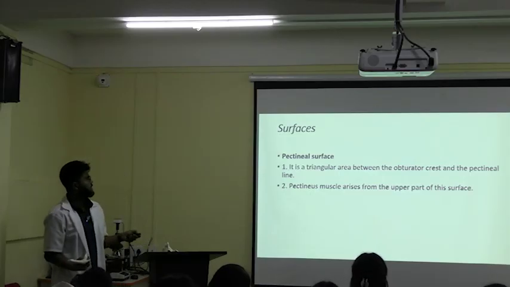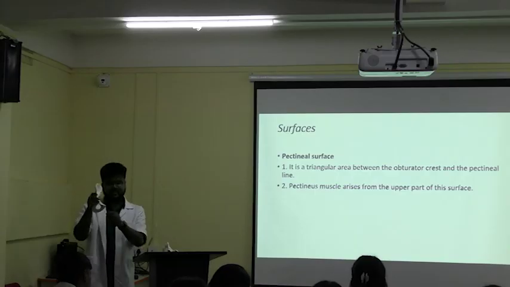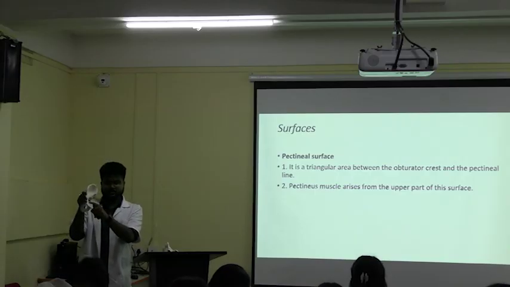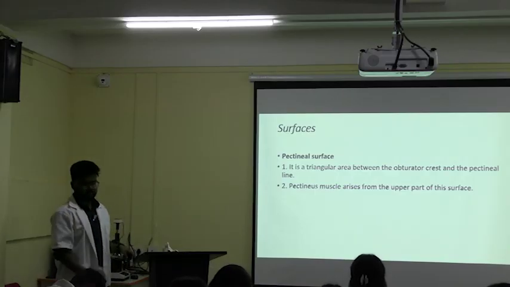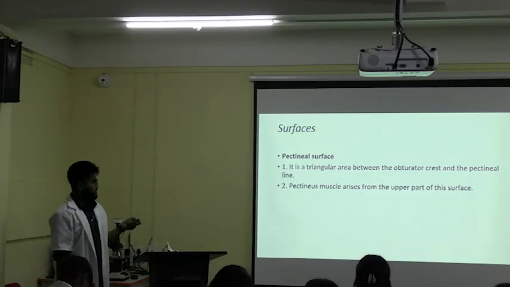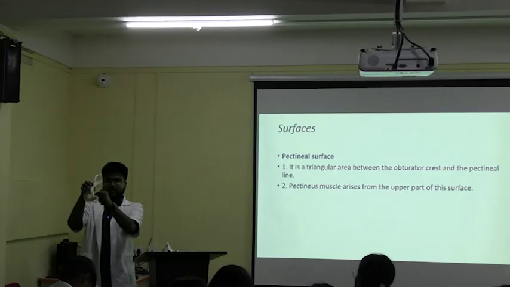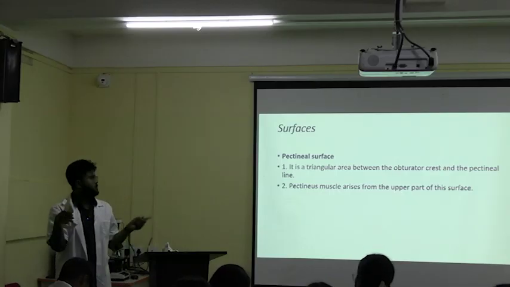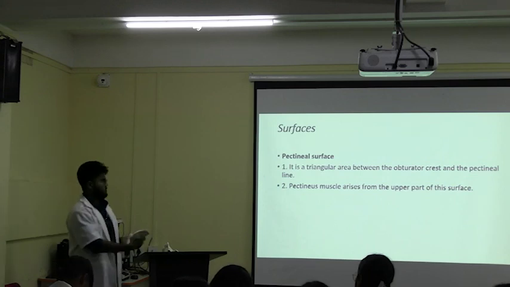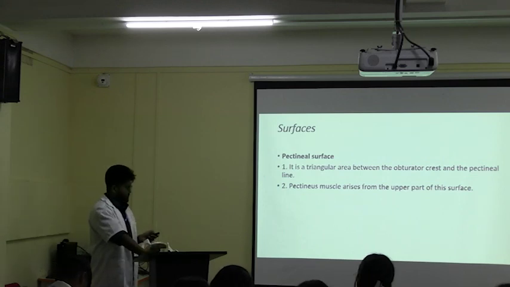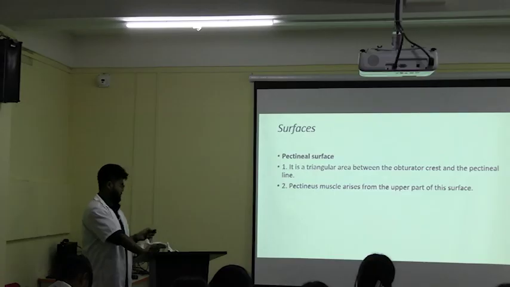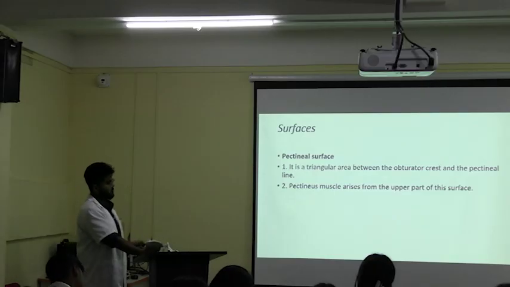It is a triangular area between the obturator crest, also called the anterior border, and the pectineal line, also called the posterior border. In between the anterior border and posterior border, this surface is called the pectineal surface. Here the pectineus muscle is attached.